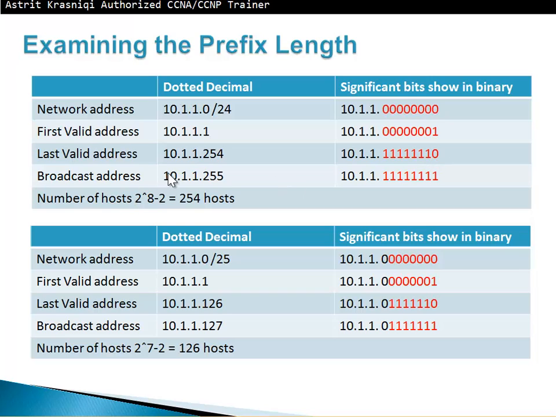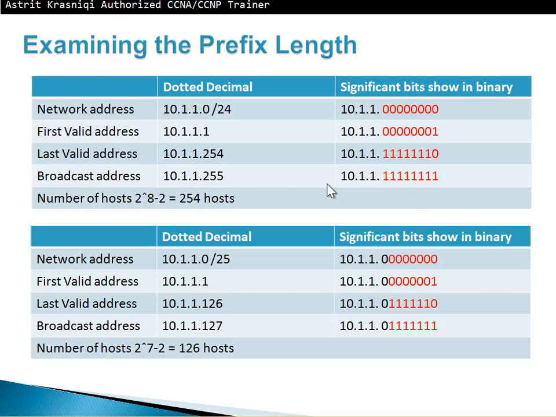The broadcast address is 10.1.1.255, which means 10.1.1. in binary, all ones. The zeros we can't give, because that represents our network. The ones we can't assign to a host as an IP address, because that represents everybody. So we have to subtract 2 here, the network address and the broadcast address.